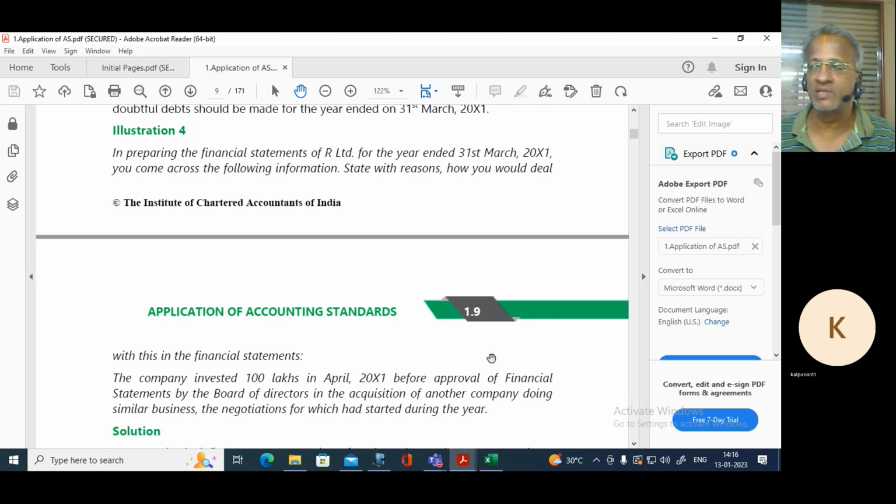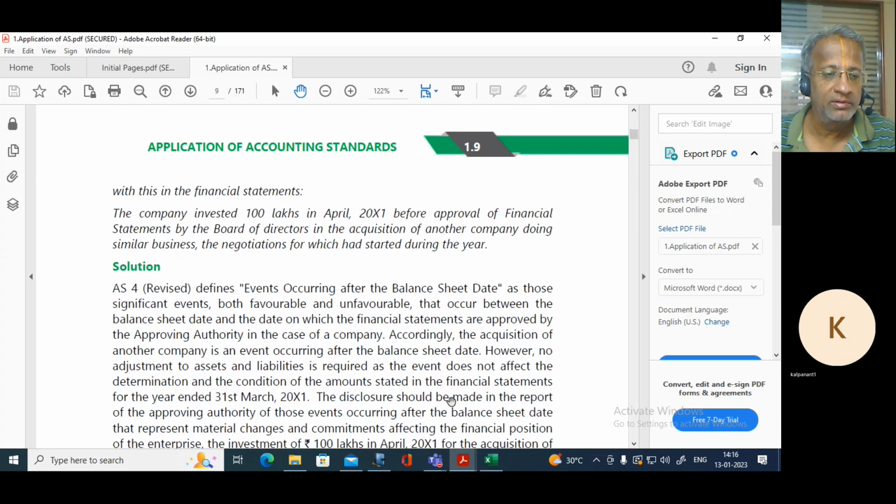I have bought something in another company, and I cannot connect it with any of the assets and liabilities on 31st of March. There is no connectivity at all. Therefore, it is non-adjusting. Will this be affecting going concern? No. We are expected to make disclosure only.